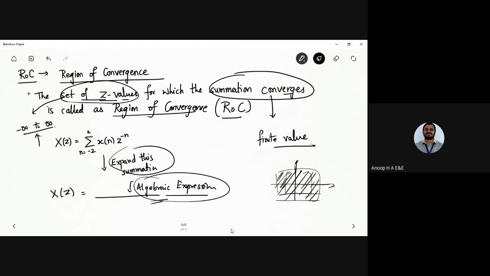So if you take the sum over the Z values in that region, you can call it the convergent nature of the summation. You call it the region of convergence, the region in which the values are converging. That is how you can define the region of convergence.